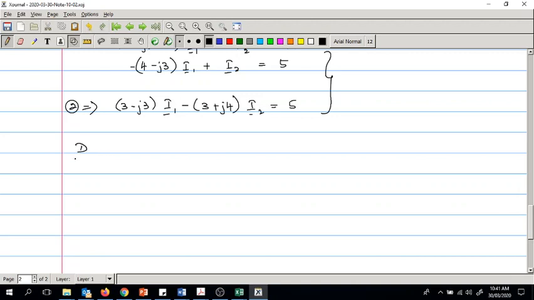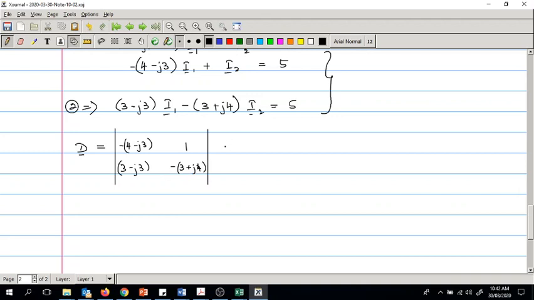So capital D, well, D is actually in the complex number domain now, equal to the determinant of minus 4 minus 3j, 1, 3 minus j3, minus 3 plus j4.